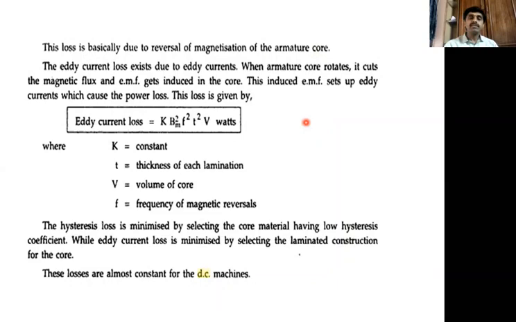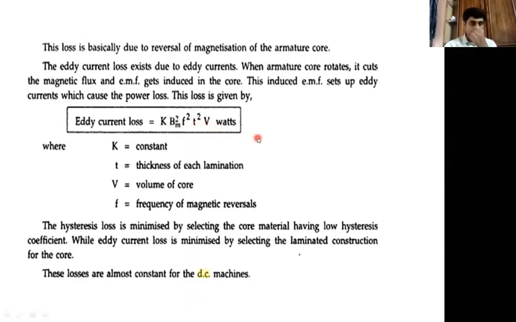Now, the eddy current loss exists due to eddy currents. When the armature core rotates, it cuts the magnetic flux, and EMF is induced in the core. The EMF sets up eddy currents which cause power loss. This loss is given by K, a constant, into the magnetic flux density square, into the frequency of magnetic reversal square, into the thickness of each lamination square, into the volume of the core.